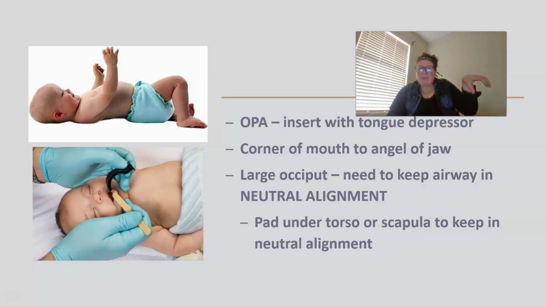They have this large occiput back here, which pushes their head down into flexion. So we need to put padding under the torso or the scapula to put them in neutral alignment, especially before we immobilize or if they're in any distress before positive pressure ventilation. We really need to make sure our babies are in neutral alignment.